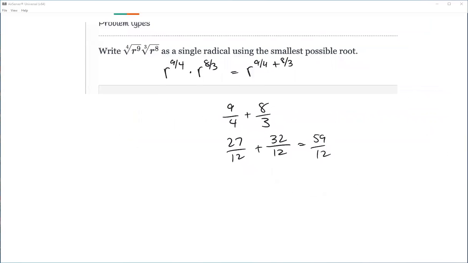And so it's going to be r to the 59/12 power, which is r to the 4 and 11/12 power. Split this up, r to the 4 times r to the 11/12 power, which is r to the 4 times the 12th root of r to the 11. Okay. And that's it.